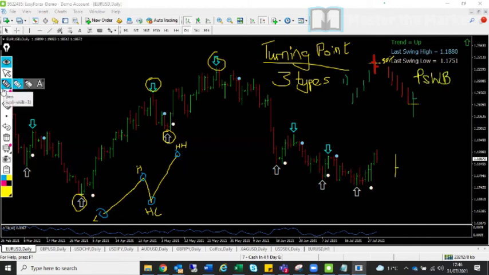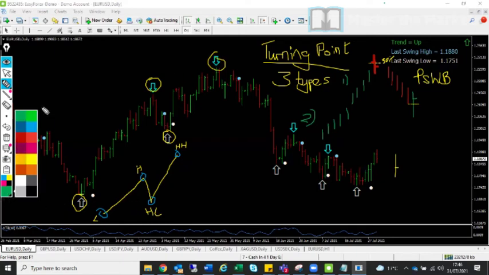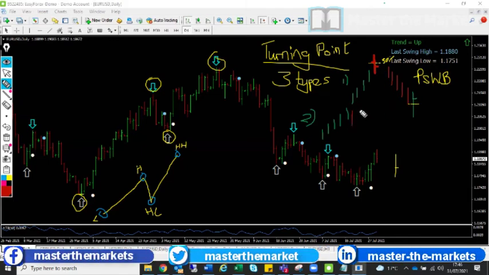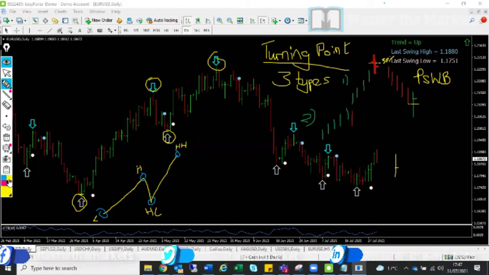Second type of turning point is a primary bar. So as the market moves up, and whether or not we have a PSWB form, which is a close below the mid-range, the daily bar does not break the high of the previous daily bar, but it does break the low.